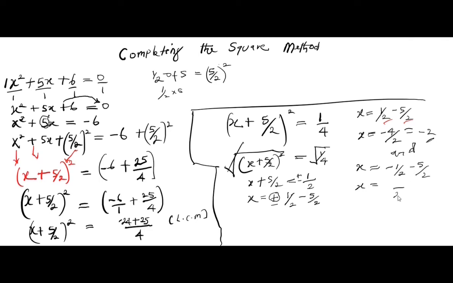We have our 2 here, so negative 1 minus 5 will be negative 6. So we have our x equals to negative 6 over 2. Then our x equals to negative 3. So the values of our x here are negative 2 and negative 3.